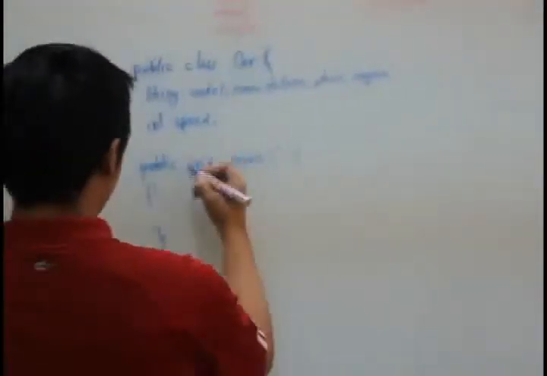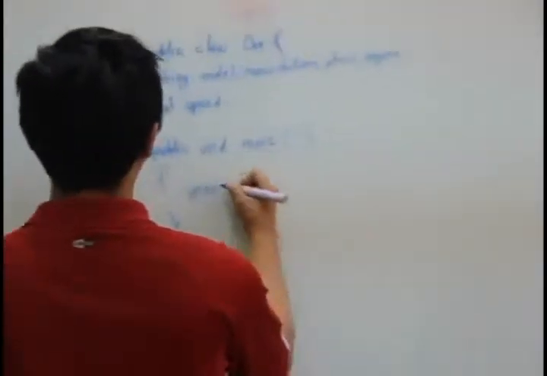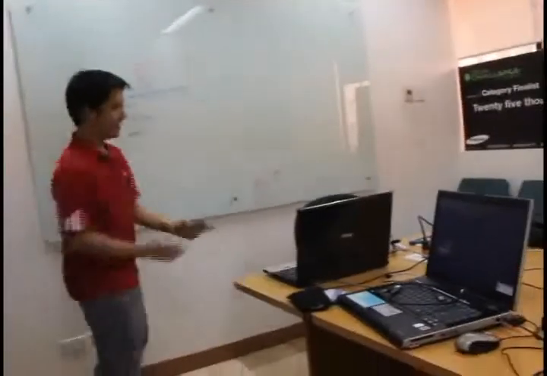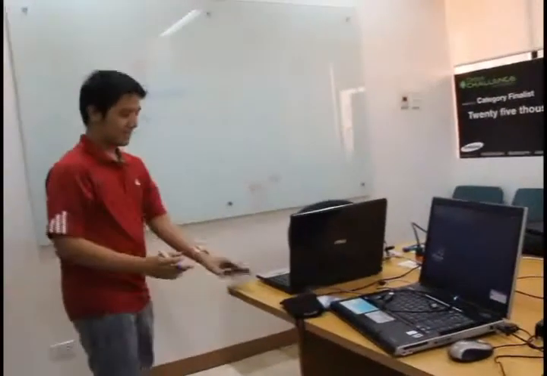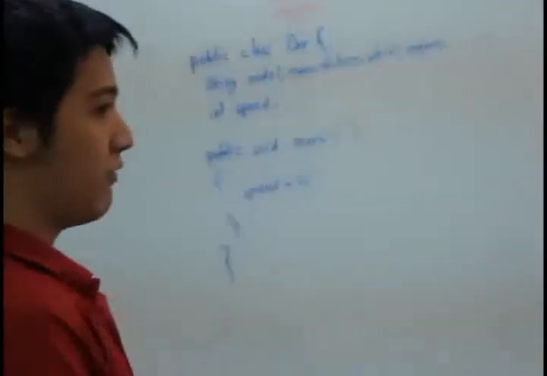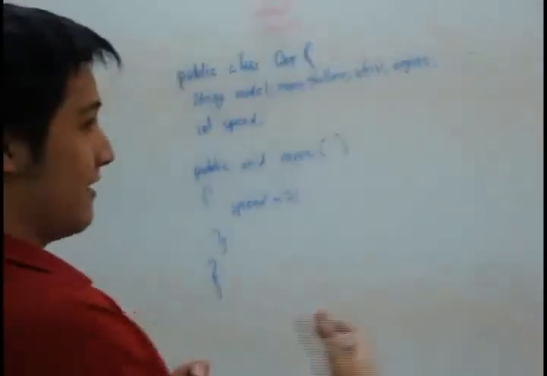So, yung speed natin, i-increase natin. Speed is equal to 0. Increase nga pala, di ba? Speed is equal to, for example, 5. Gusto natin, yung speed ng car kapag nag-move, magiging 5. Still follow? Pero, na-imagine nyo kung paano siya i-apply in real programming code.